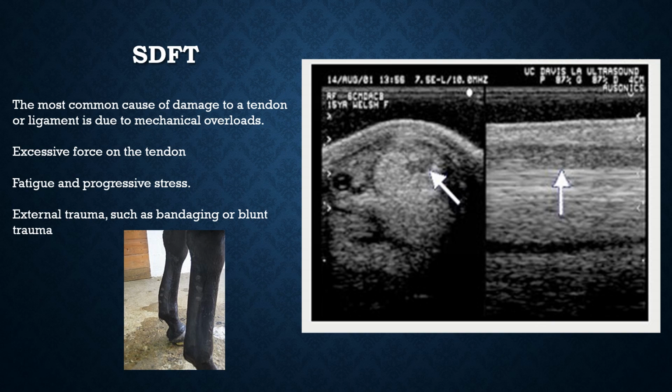In elite show jumpers, grade A and above, there is a significant increased risk of both SDFT and DDFT injuries. In elite, advanced medium and above, and non-elite dressage horses, there is an increased risk of hind limb suspensory injury.